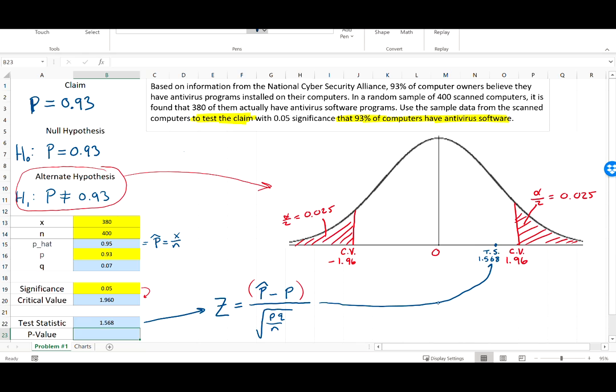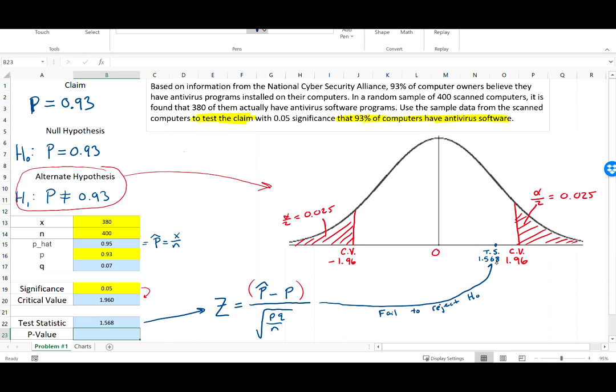That tells us that we fail to reject the null hypothesis. That's the traditional method, comparing the test statistic to the critical value to tell us what to do with the null hypothesis.